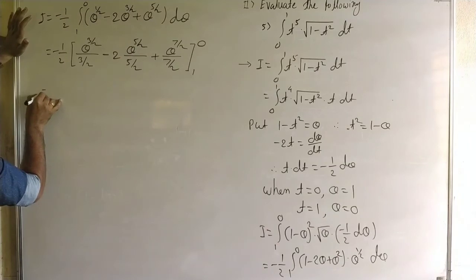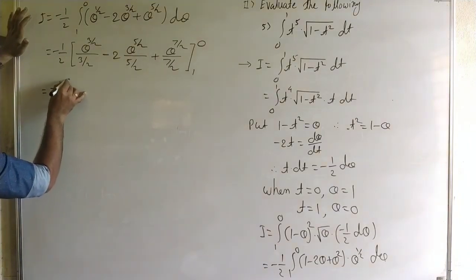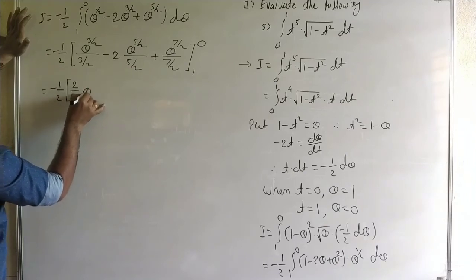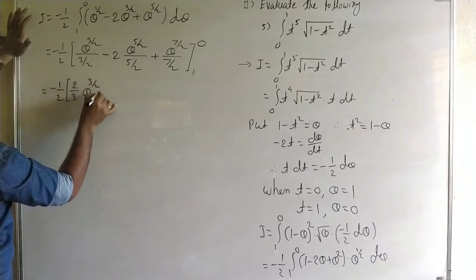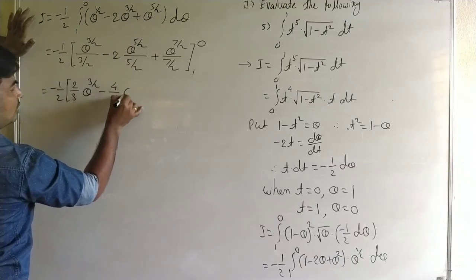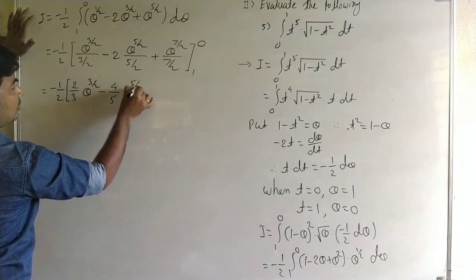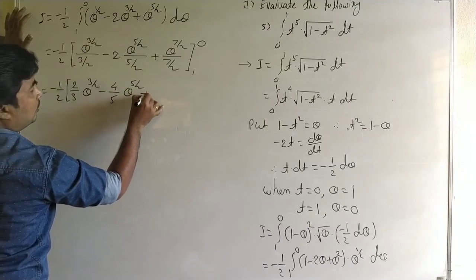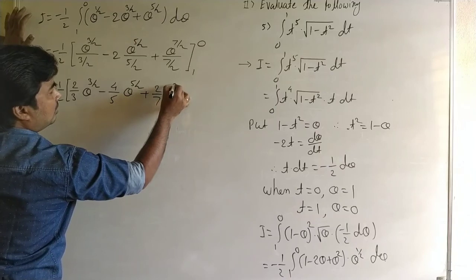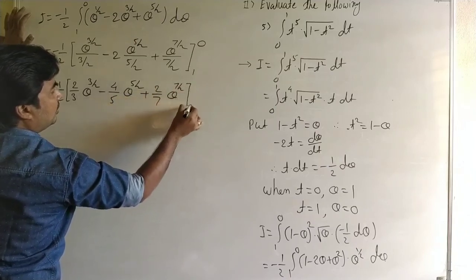Then minus 1 by 2, it is 2 by 3 theta to the power 3 by 2 minus 4 by 5 theta to the power 5 by 2 plus 2 by 7 theta to the power 7 by 2, and limit 1 to 0.